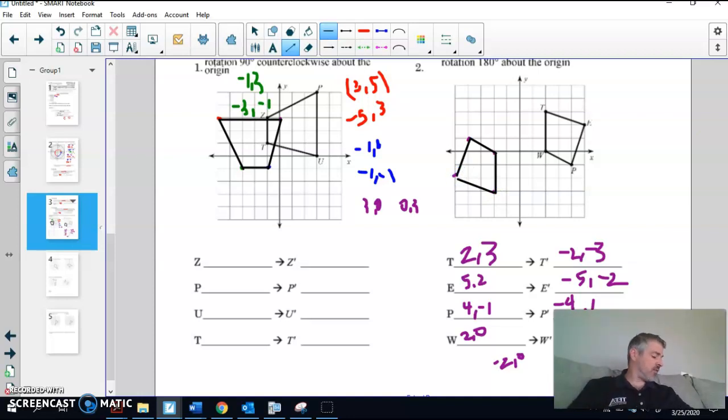Again, I could do that on a piece of paper as well. If I draw my pre-image at 2, 3, that would be right there. Then 5, 2 right there. Then 4, -1, and then 2, 0 is right here.